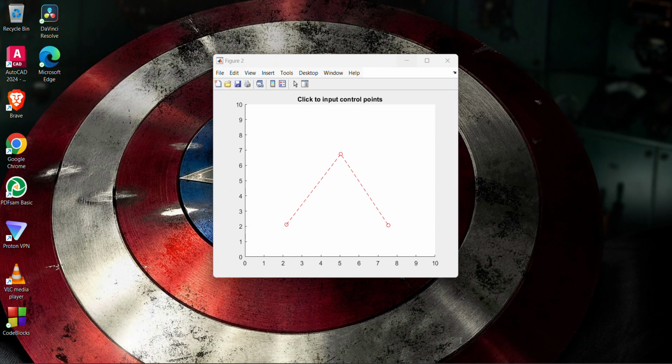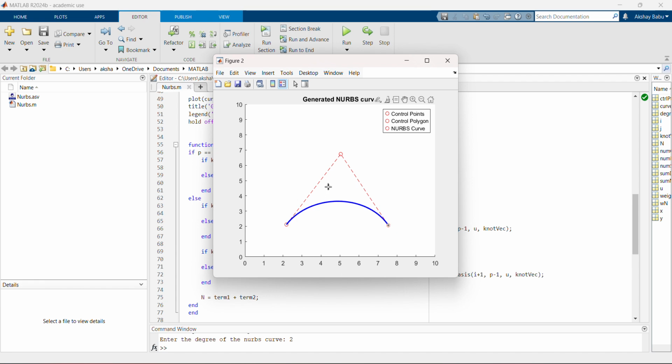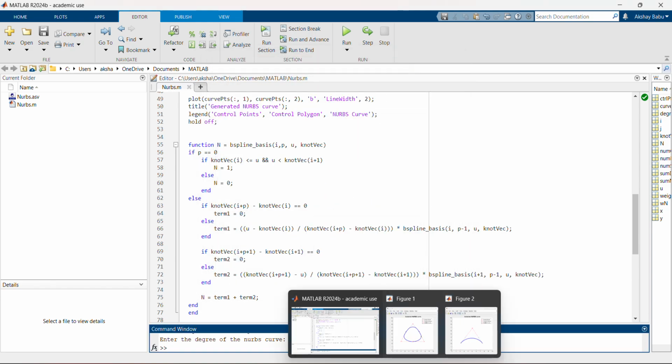Then the obtained figure would be like this. This is a circular arc. So when the value of h2 is equal to 0.5 for an equilateral triangle, then we would get a circular arc. Now this is about a NURBS curve.